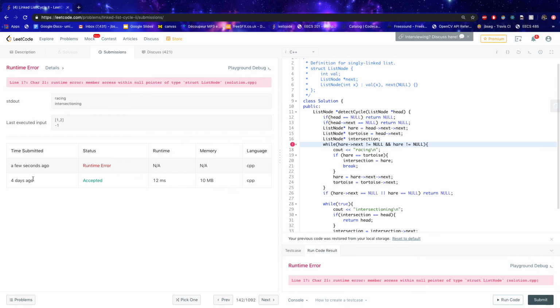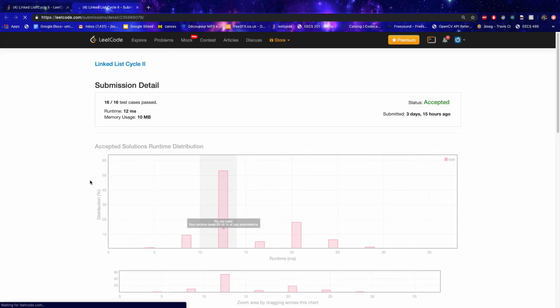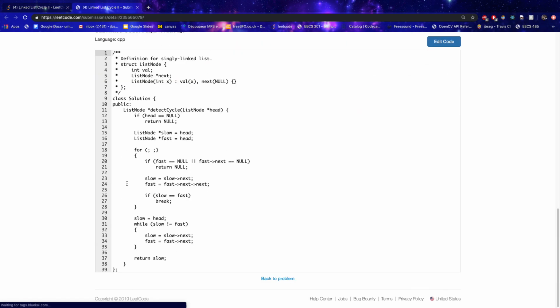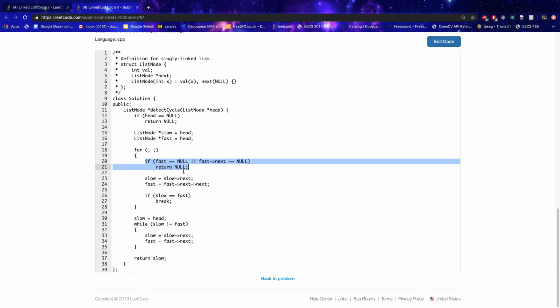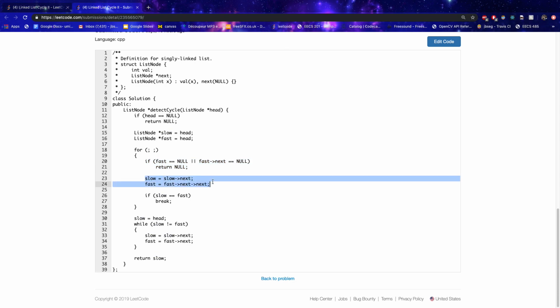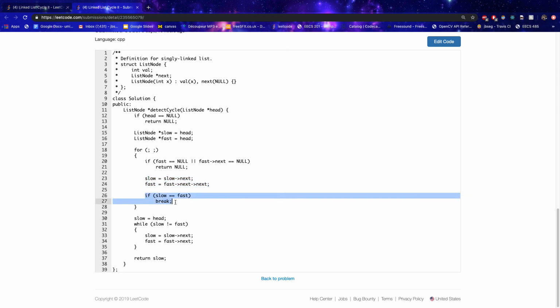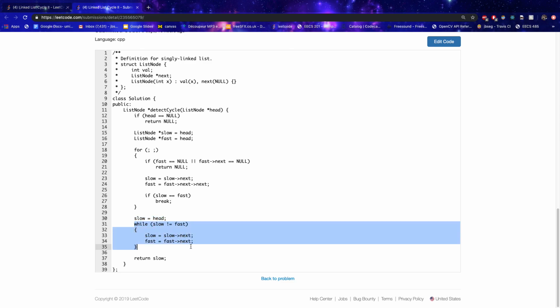Okay, I'm going to go to my solution that I got last time, or quickly, let me see if I can figure this out. So I have this, I have that, I have if slow equals fast break, and then I do this again.